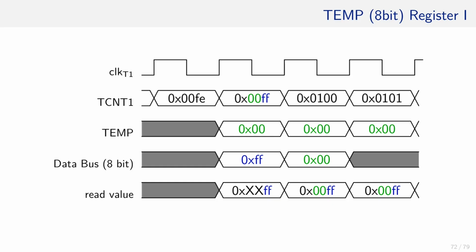In the next clock cycle, the TCNT is incremented to 0100, while the value in temp is copied to the data bus. The read value is then reconstructed from the two data bus reads, and the intended value of 00FF has been successfully transferred from the TCNT to your program.